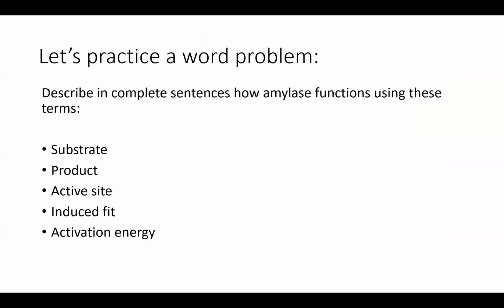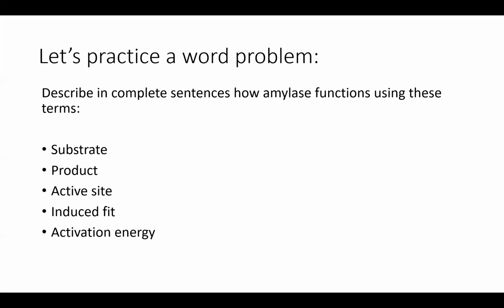All right, let's practice a word problem. Describe in complete sentences how amylase functions using these terms. Amylase is the enzyme that breaks starch into glucose in our digestive tract.